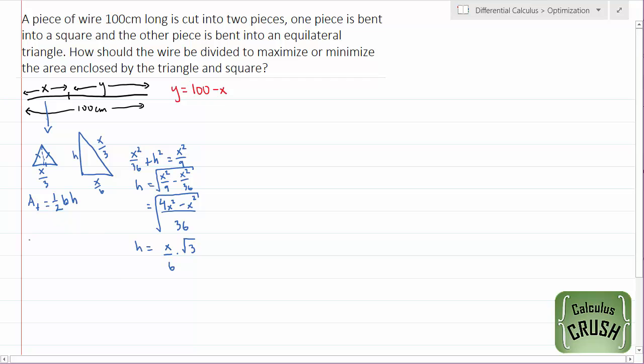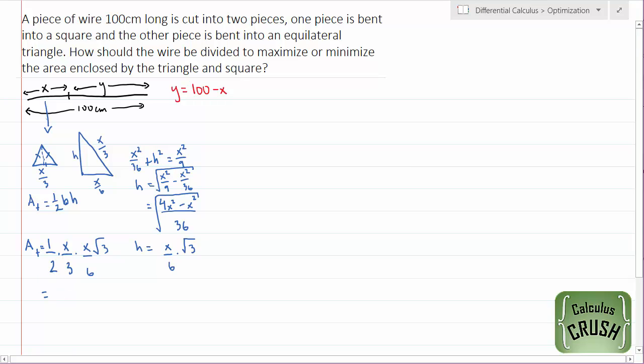Using that, we can figure out our expression for the area of the triangle. So it is 1/2 times the base, which is X over 3, times the height, which is X over 6 times the square root of 3. So let's write this a little bit tidier.